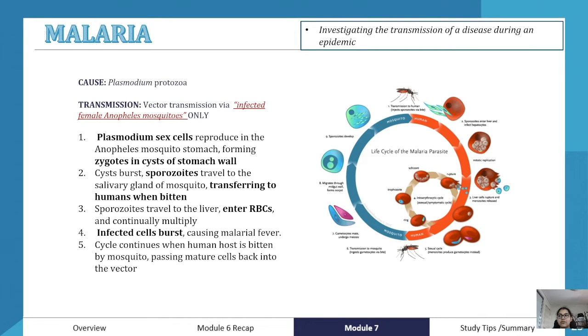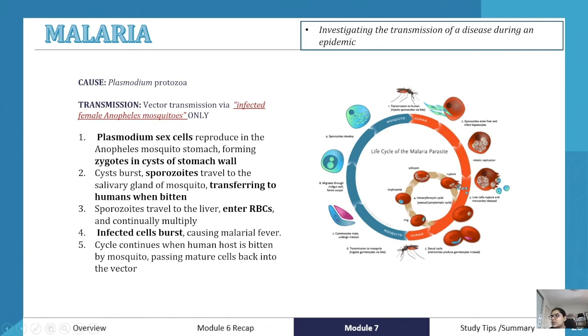There have been treatments for it, but the Plasmodium protozoa has become quite resistant to the treatment. People still use it, but it is not as effective as when it was first delivered.